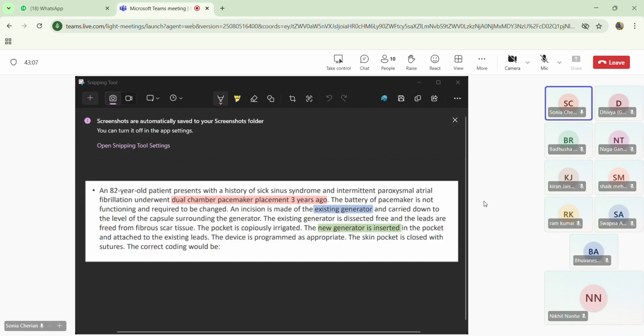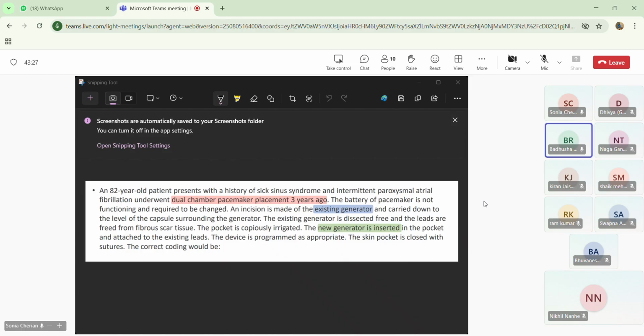Badusha, tell me, what do you understand by this question? The patient previously has the pacemaker.